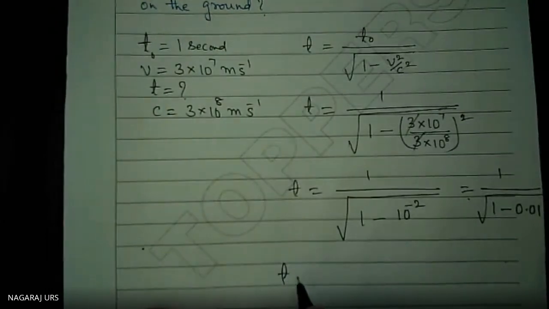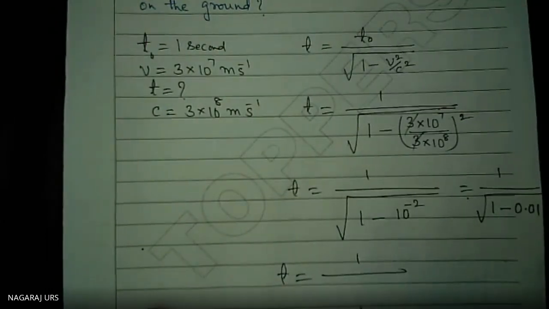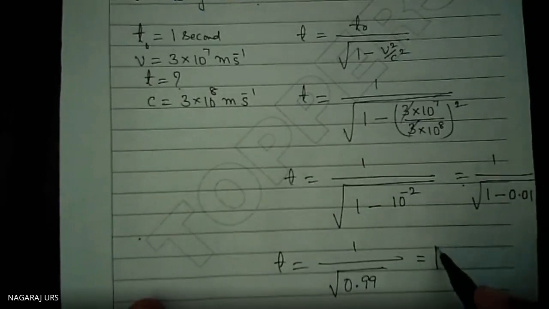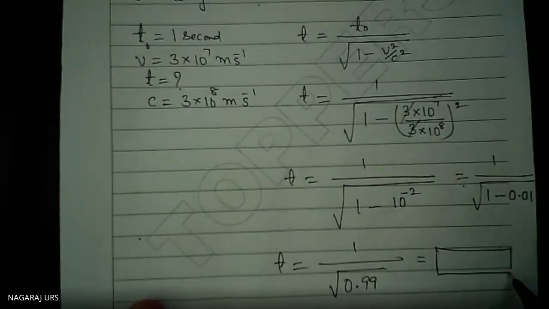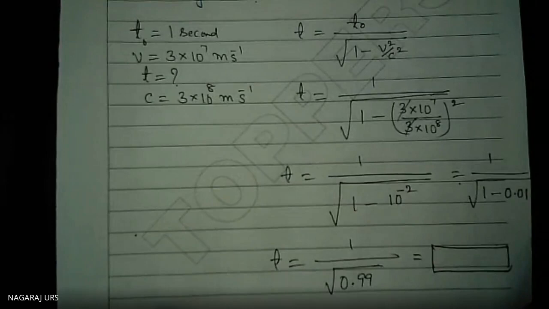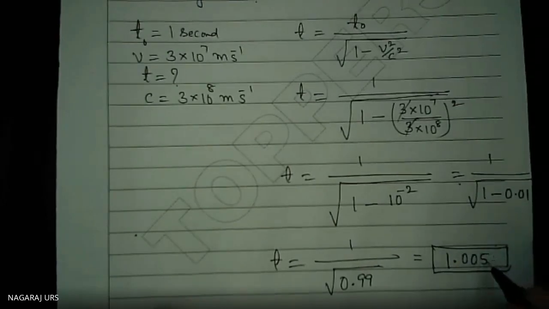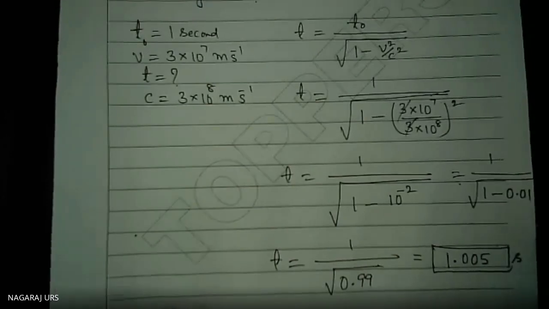So therefore T is equal to 1 divided by root of 0.99. How much are you getting? 1.005. Third decimal, fourth decimal point, whatever you get, you write, but you have to write the unit carefully.